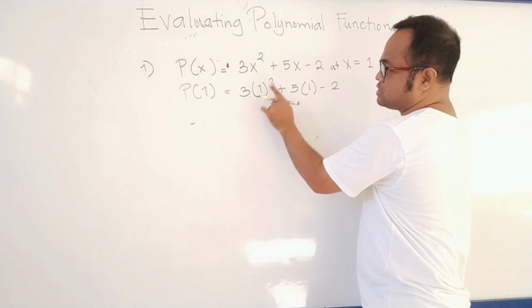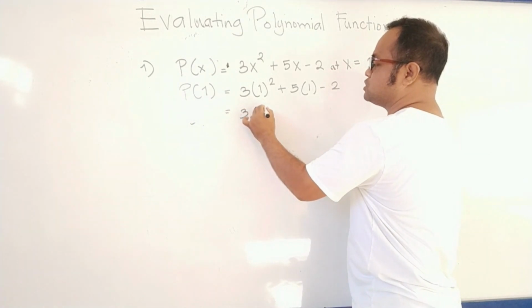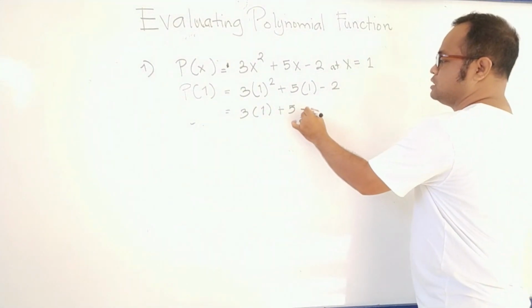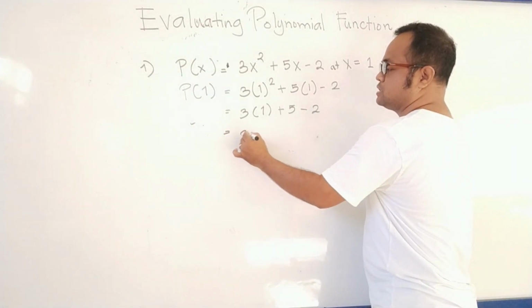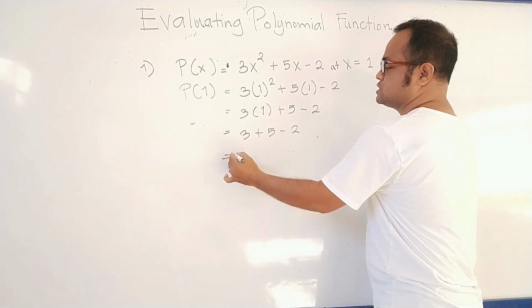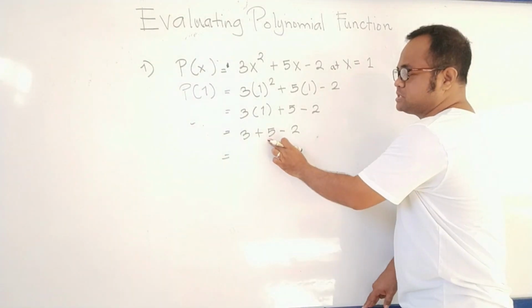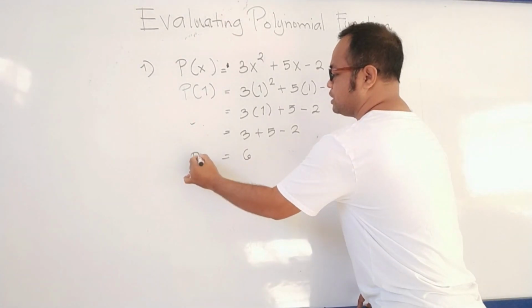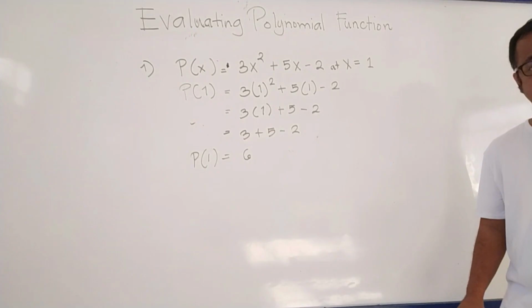So, we have 1 squared here, so that is 3 times 1 times 1 is 1, plus 5 times 1 minus 2. So, we have here 3 plus 5 minus 2. So, we have here 3 plus 5 is 8 minus 2 is 6. So, therefore, p of 1 is equal to 6.